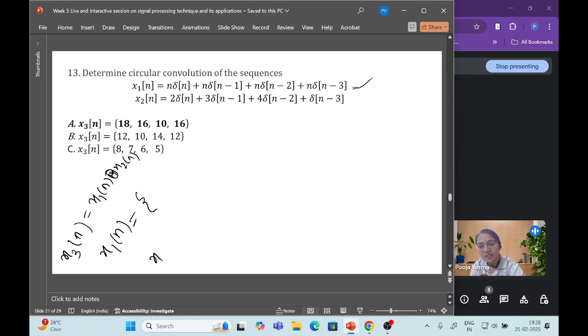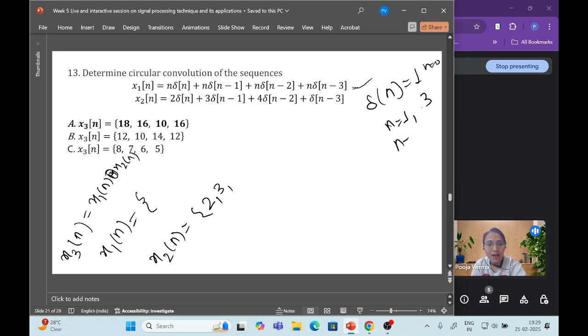For example, if we take x2 of n, we already know that del n is equal to 1 at n equal to 0, right? So here it will be 2 only, and at n equal to 1 the amplitude will be 3, so next is 3. At n equal to 2 the amplitude is given as 4, right? And at n equal to 3, it is 1.